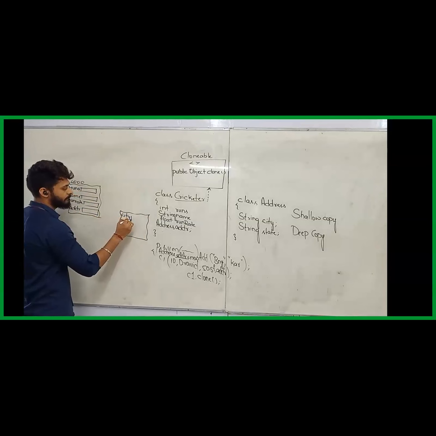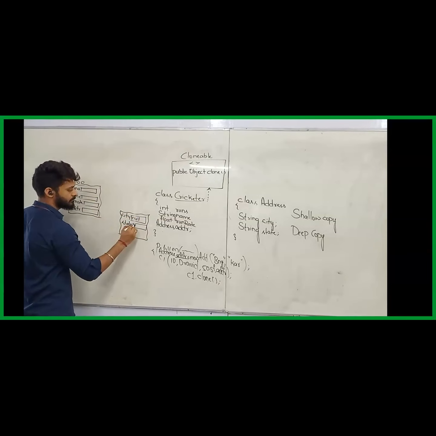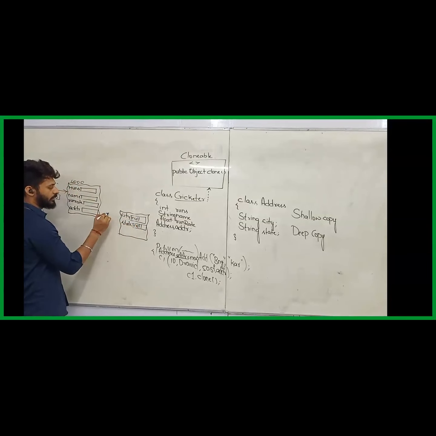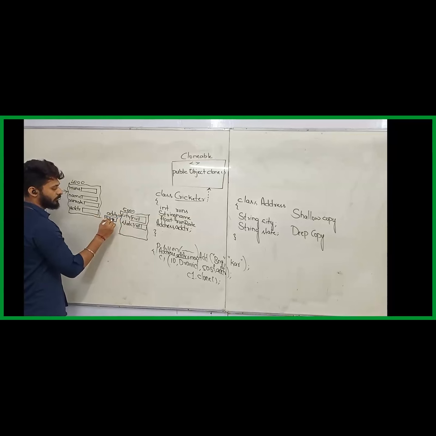City, initially I have kept null. State, null. Now say this is 5000, and this will be your ADDR, and here will be your 5000.